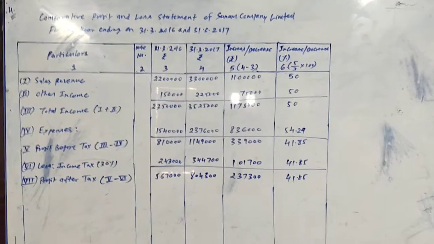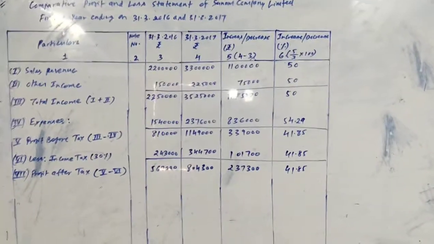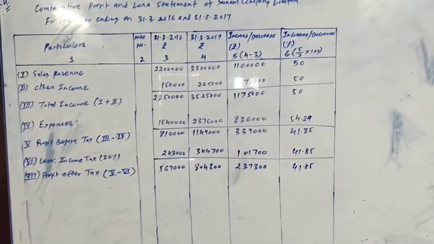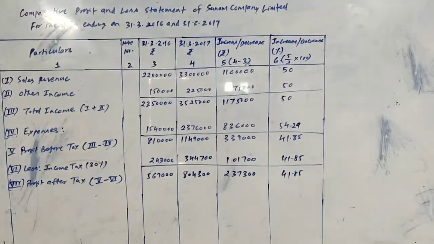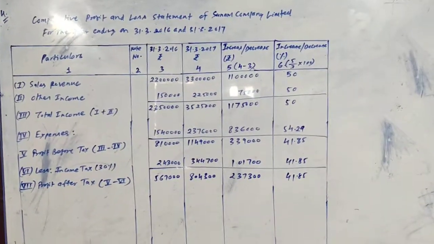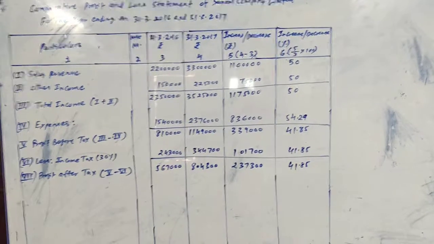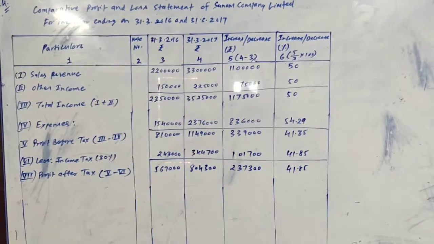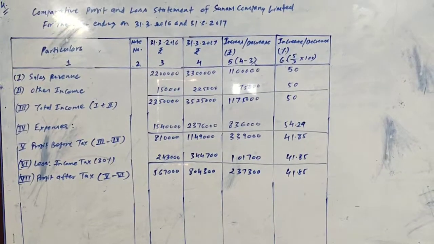Okay friends, next we will find profit before tax. How to find profit before tax? From the total income, total expenses are deducted. So in 2016 the total income is 23,50,000 and expenses are 15,40,000, so the difference is 8,10,000.